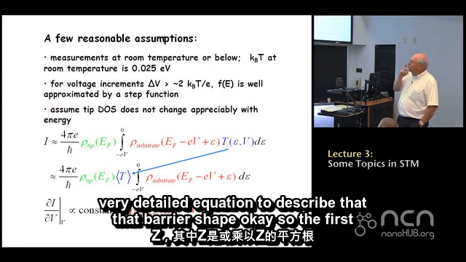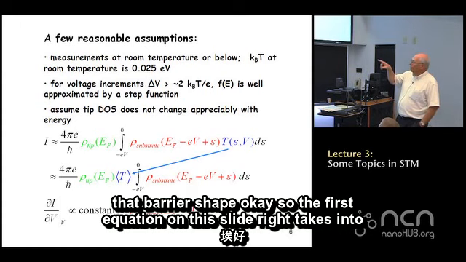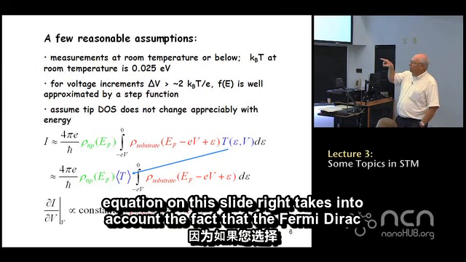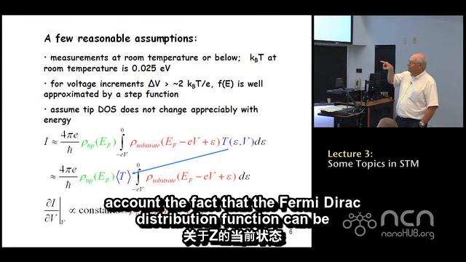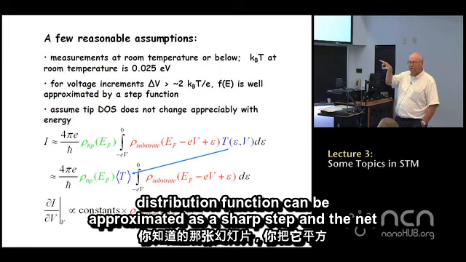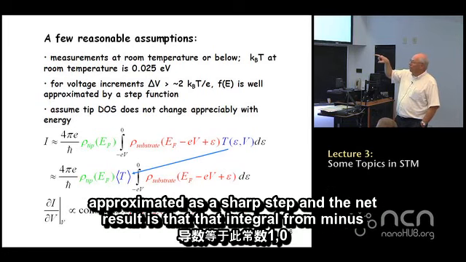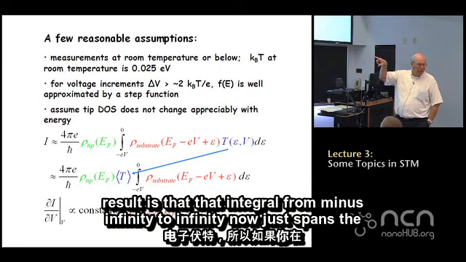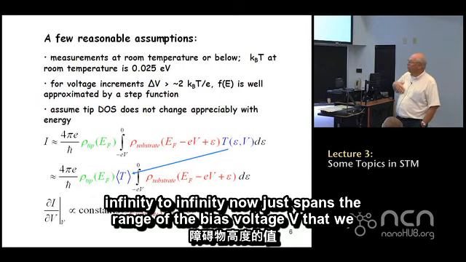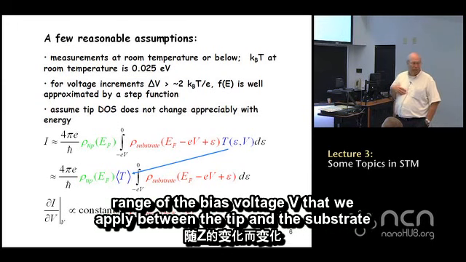So the first equation on this slide takes into account the fact that the Fermi-Dirac distribution function can be approximated as a sharp step. And the net result is that the integral from minus infinity to infinity now just spans the range of the bias voltage V that we apply between the tip and the substrate.